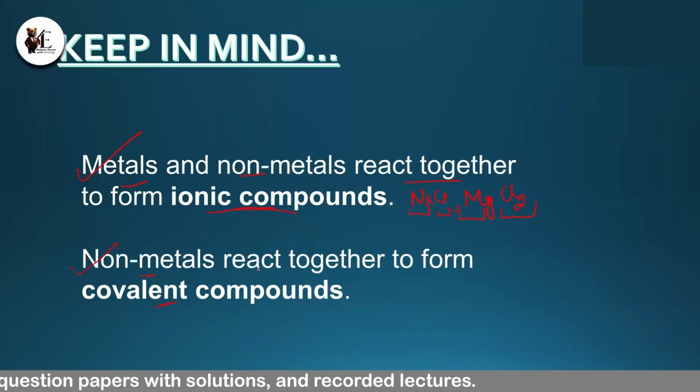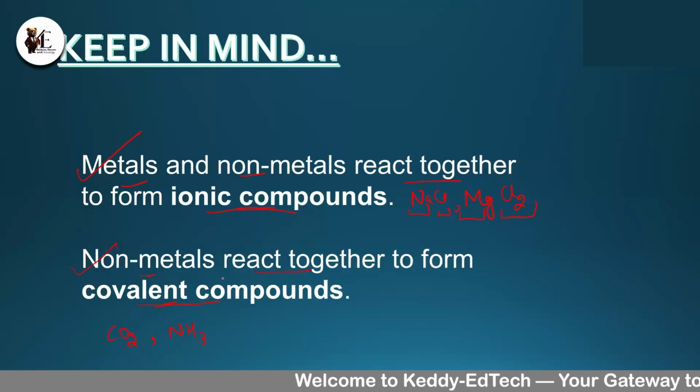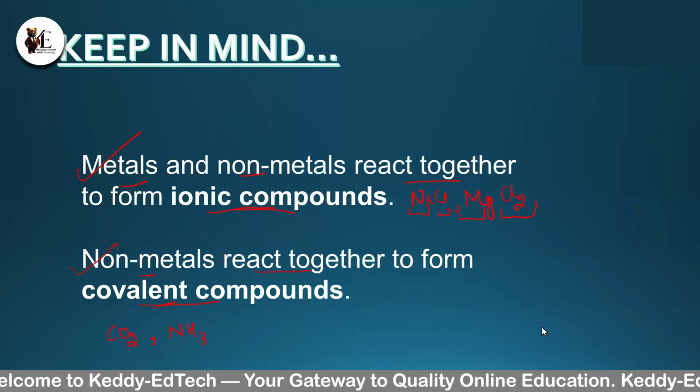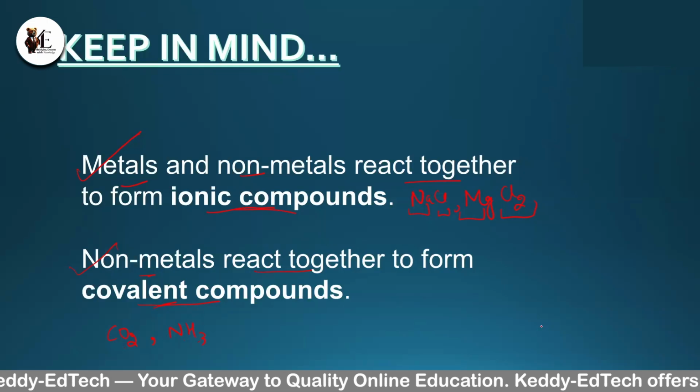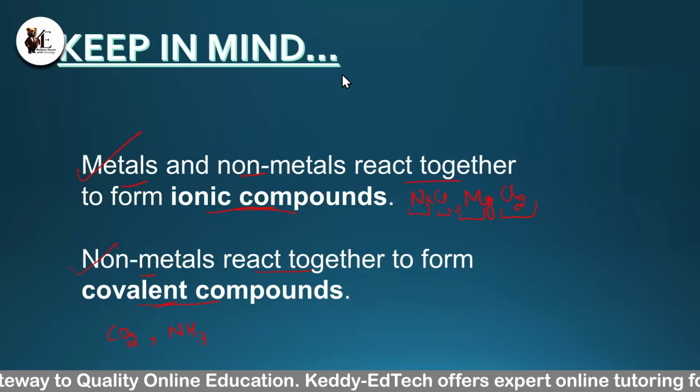But non-metals react together to form covalent compounds, like CO2 we have made, and we have made another molecule also, ammonia. Carbon, oxygen, nitrogen, hydrogen, they are my non-metals. So when non-metals react together, they form covalent compounds, and when metal and non-metal react together, they form ionic compounds. Is the difference clear? Yes, ma'am. Write it down.